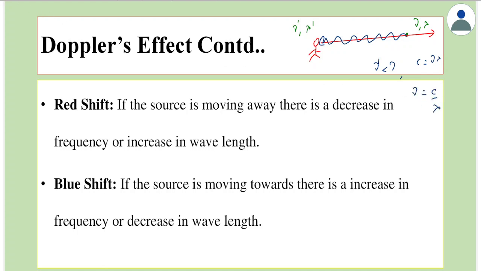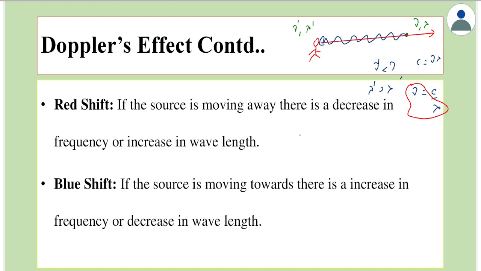So very obviously nu goes inversely as lambda. If nu dash is less than nu, then lambda dash would be more than lambda. So the wavelength received would be more than the emitted wavelength.